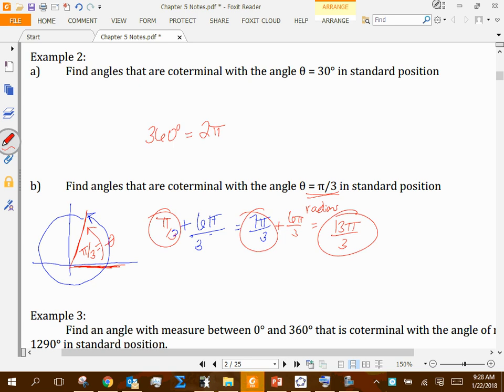So our formula here is the exact same thing we had up here. We had theta plus 360k. Well, down here, it's going to be theta plus 2 pi k. k is still an integer.